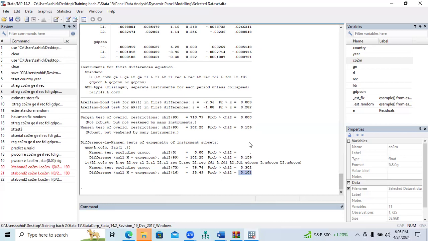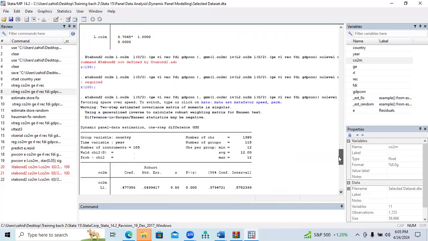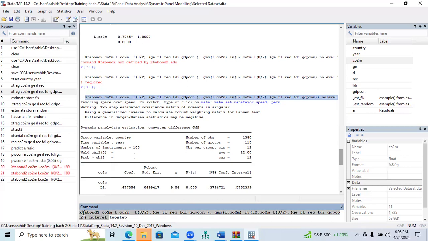Now, if I need to check whether two-step difference GMM is valid for our estimation or not, you just need to copy the same command from here, put the command here, and replace the robust and write here two-step, and the remaining procedure would be the same.